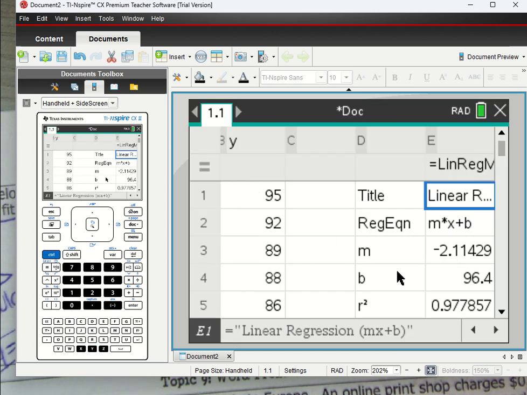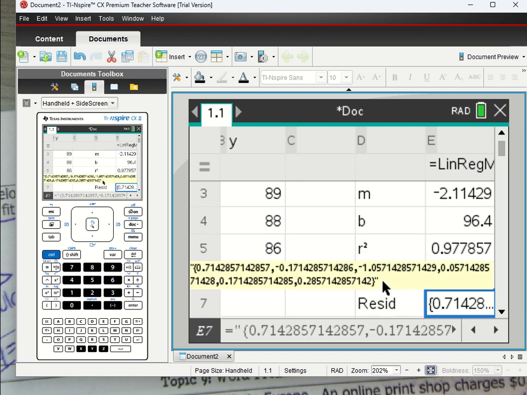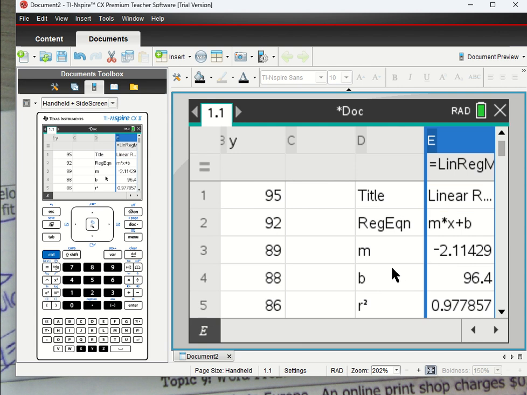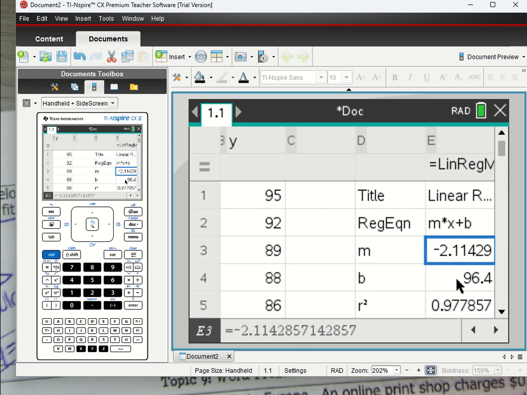Pressing OK takes you immediately to linear regression, which is this value for M, this value for B. We will talk more about the R's, but not yet, another time. So just using this as your M and this as your B, we're going to write an equation.